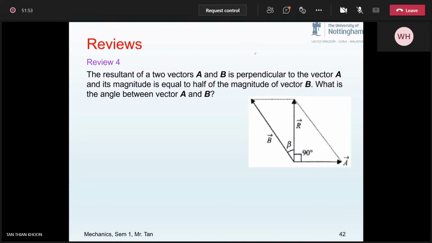As shown by the diagram, this is the resultant. A and B added together obtain the resultant, which is perpendicular to A, but the magnitude is half of B. Very interesting. So anyone?